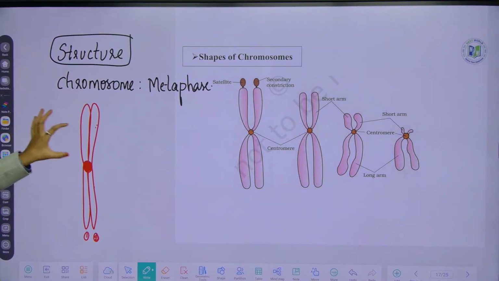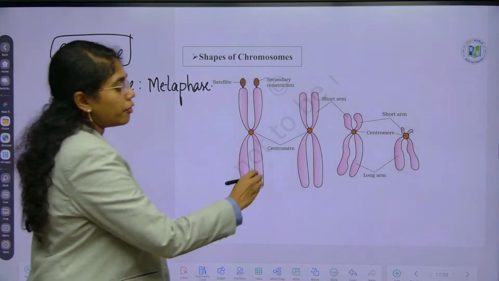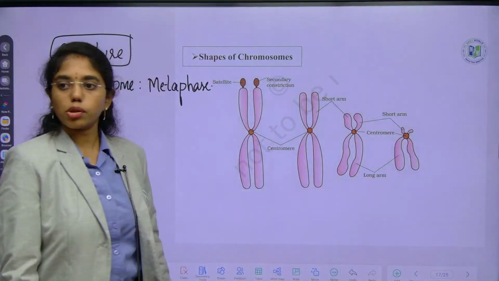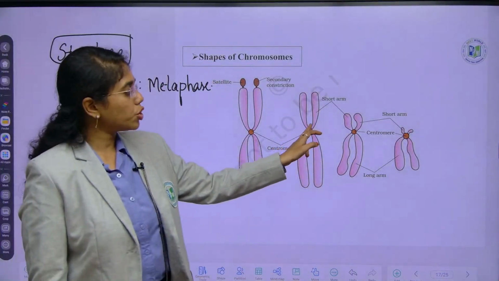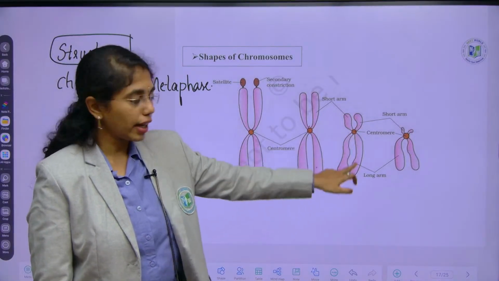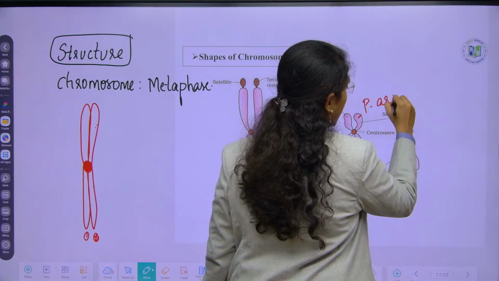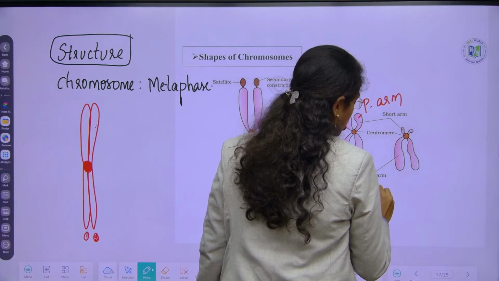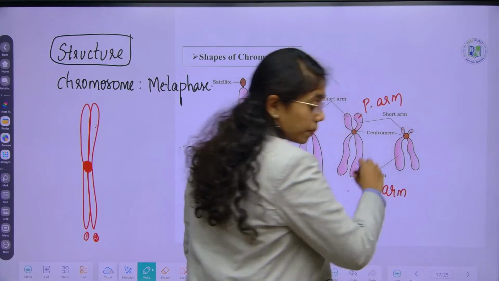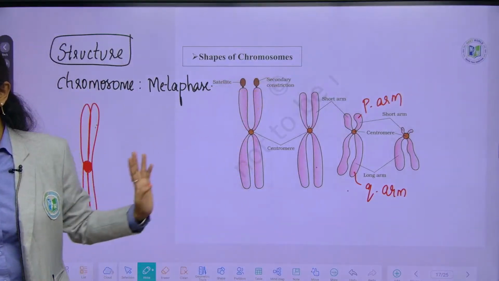In the shapes of chromosomes, one arm is short and one arm is long. The short arm is addressed as the P arm and the long arm is addressed as the Q arm.